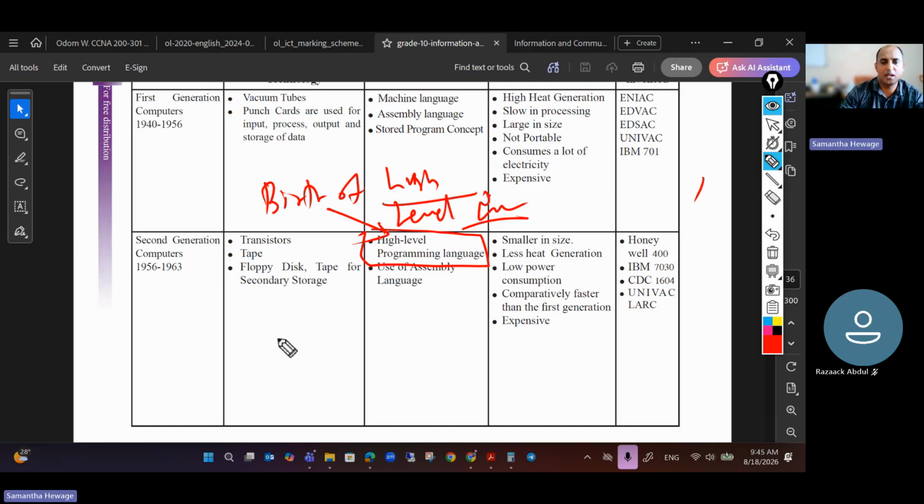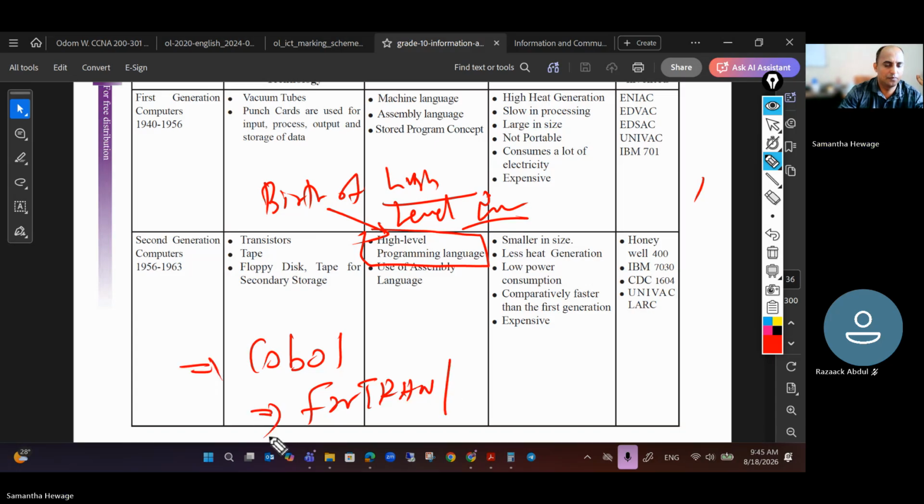There are many high level programming languages. We have COBOL, Fortran. And they were still using assembly language also in second generation computers.